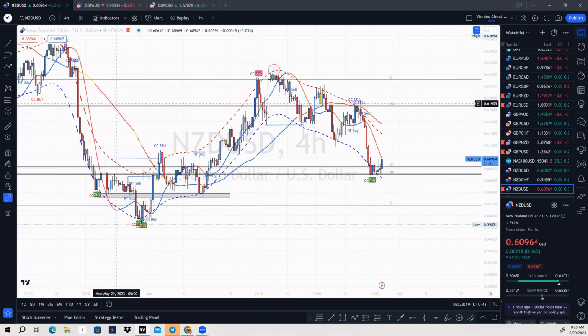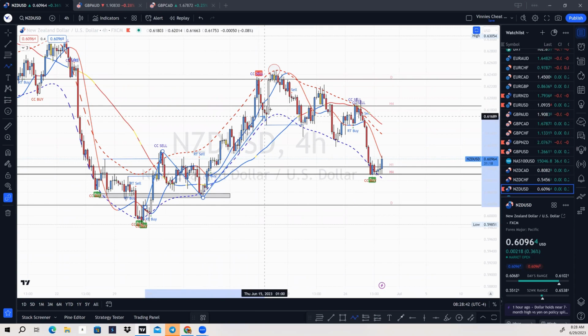This red line that you see coming down is our 47 moving average. Once price breaks the 47 moving average, came back down and retested, and then price shot up as you see. When we had our break here of the 47 moving average, price came down and retested and then shot up. Now we're trading above the 47 moving average and price is bullish.